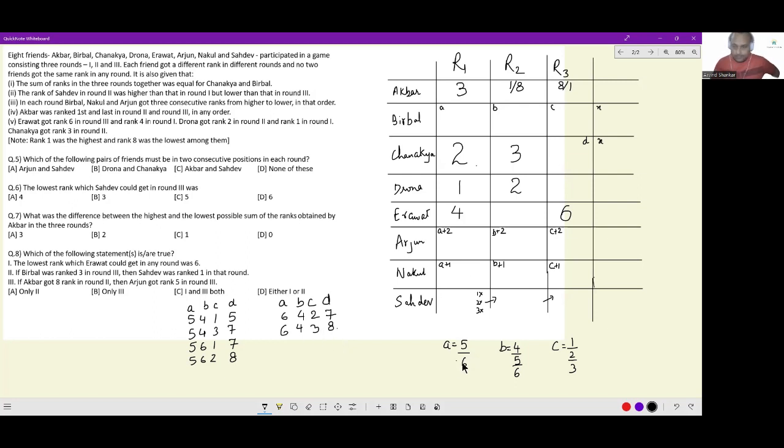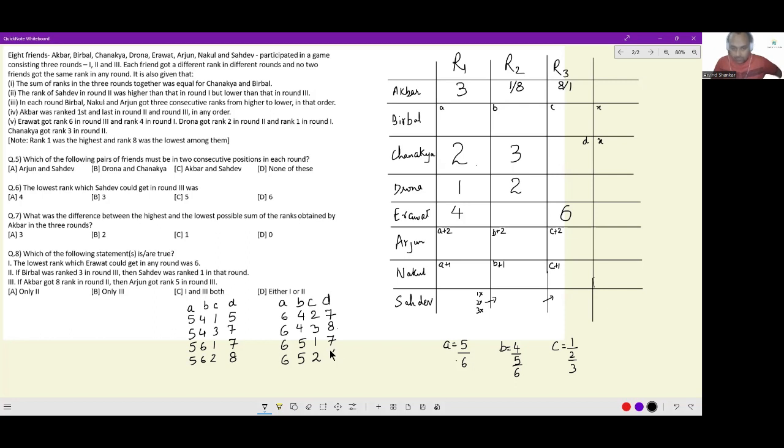Okay. How about 6, 5, 1? 6, 5, 1 would mean the summation of ranks of Birbal is 12. So Chanakya would need a 7. How about 6, 5, 2? Which would mean the summation of ranks of Birbal is 13.